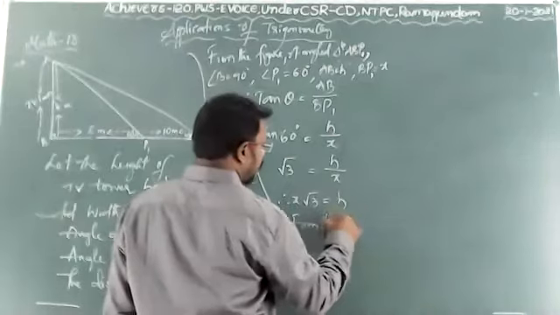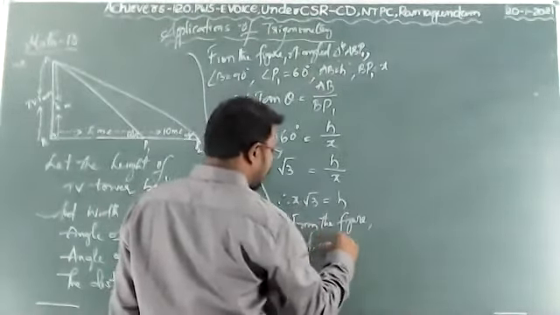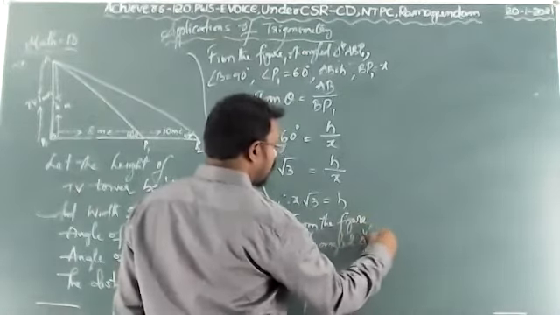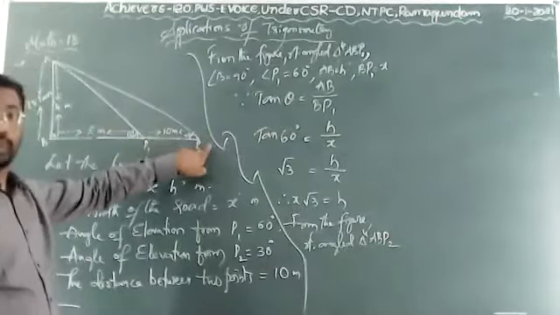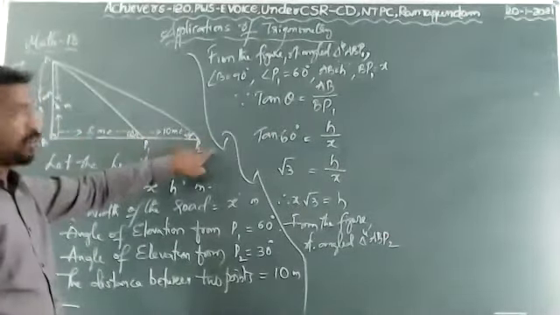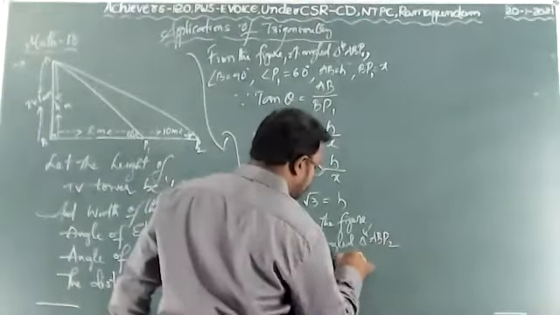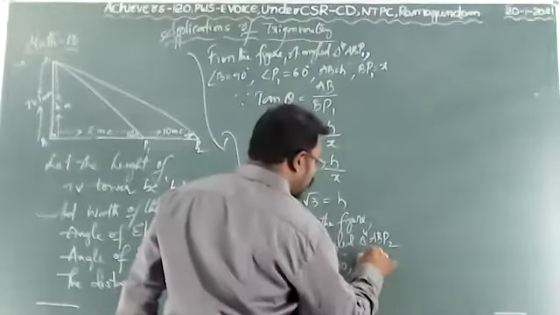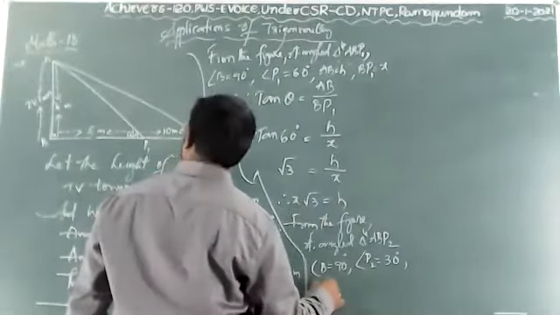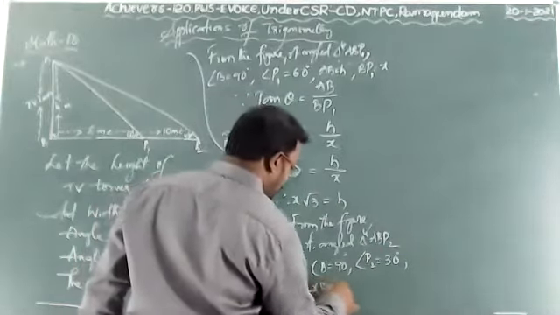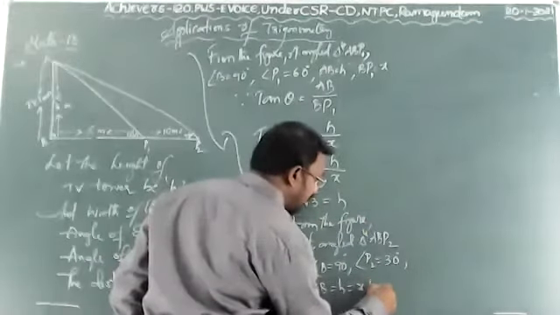From the figure, right angled triangle ABP2. Angle B is equal to 90 degrees. Angle P2 is equal to 30 degrees. Next, AB is equal to height, nothing but here we have X root 3.